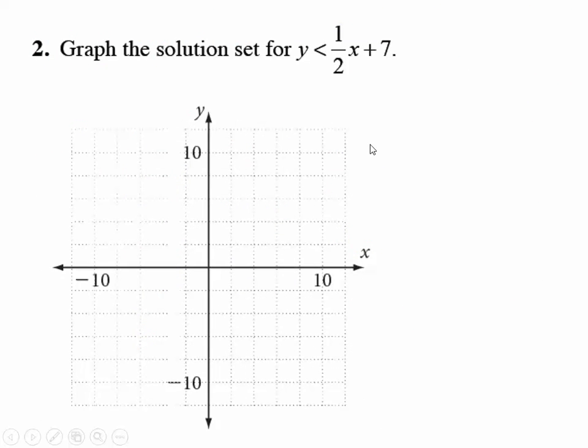So let's graph this one. Now notice this one is set up kind of like y equals mx plus b. Notice the y is by itself on one side. All right, so in this case, we're going to think about it being like this.